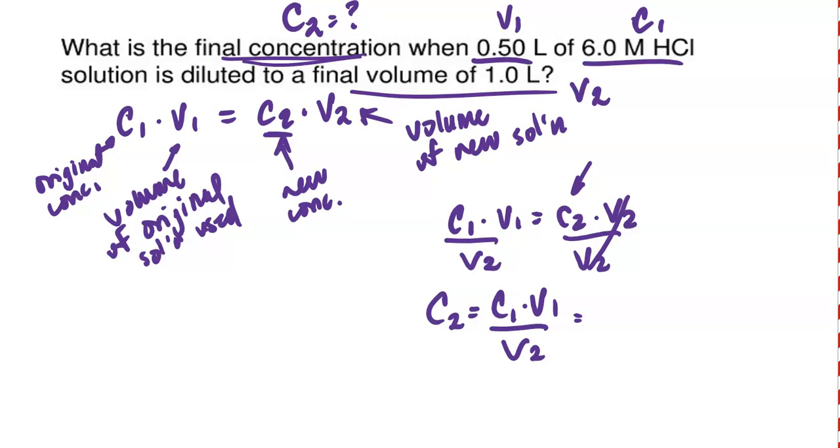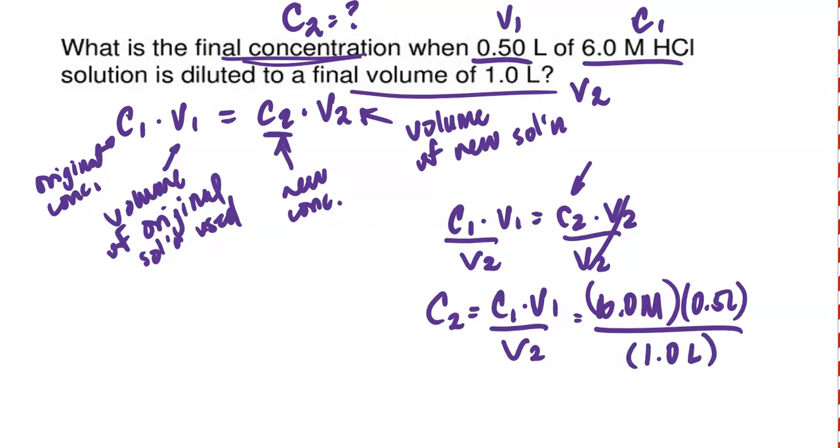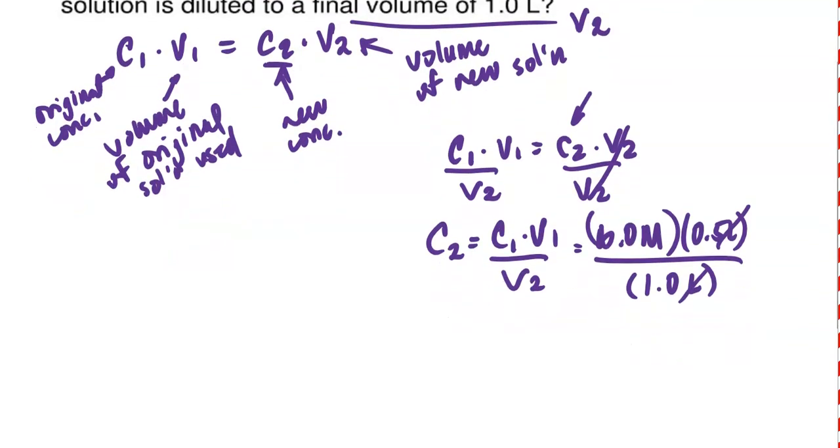Substituting in, that would be 6 molar times the volume of half a liter, divided by 1 liter. Notice the liter units drop out, and I get a concentration unit of molar, which I'm expecting since I'm calculating a concentration. All I'm doing is taking 6 and multiplying by 0.5, which means this new solution would have a concentration of 3 molar.